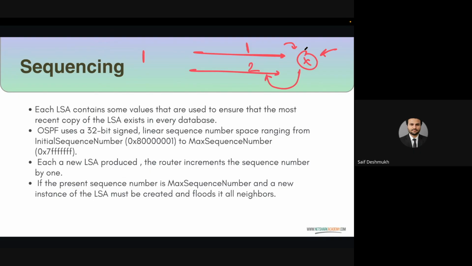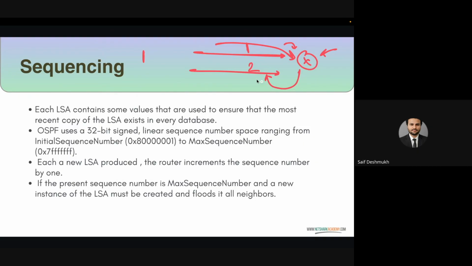If you clear the IP OSPF process, the sequence number is going to change, and if you change certain parameters, or change the network type, a new LSA needs to be sent out, because I want my neighbor to change their SPF topology so that everything will be in sync.